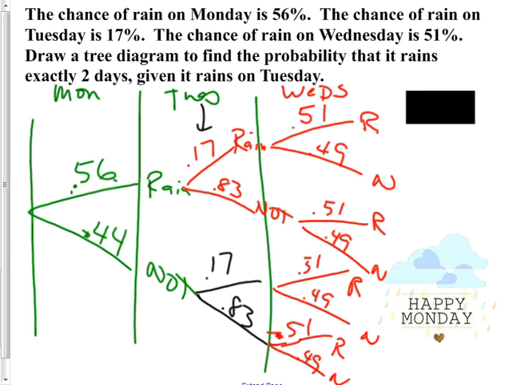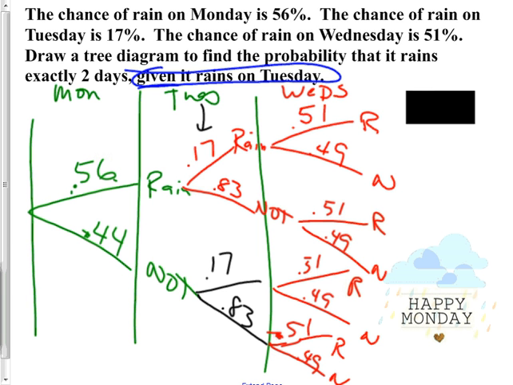Probability that it rains exactly 2 days given, oh, there's conditions on it. Okay, so this is conditional, which means there's conditions. Given it rains on Tuesday changes everything. If it rains on Tuesday, now scribble out the part of the chart that's not possible anymore.